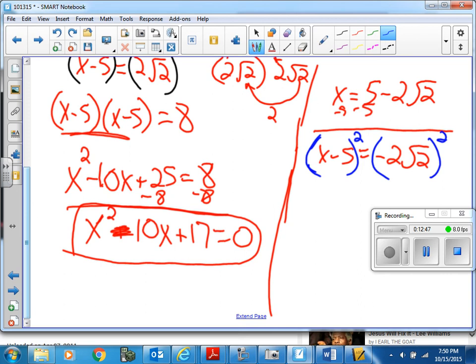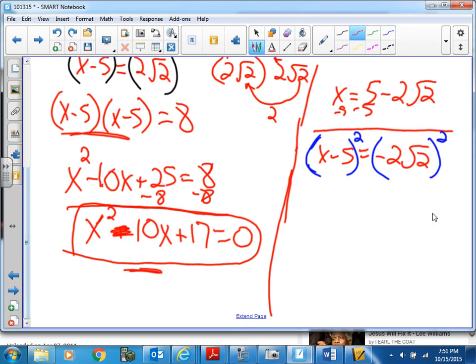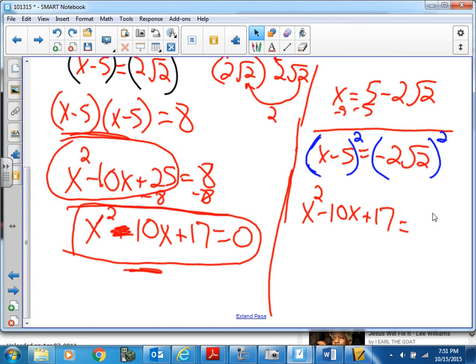You're going to end up with the same thing on the left that you had over here. So you're still going to have x squared minus 10x plus 17. And on the right, it's the same that you had here, not the original. So be careful.